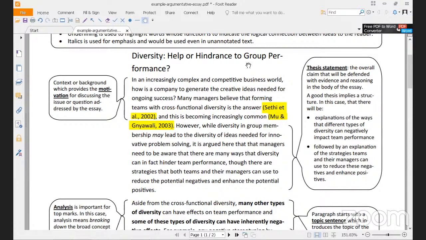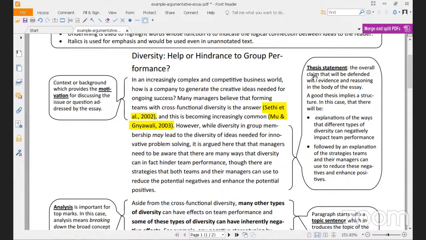Okay, good. So we started the essay with a question, which is very awesome because remember, in an argumentative essay, you have to choose a side, but also it's good to question your ideas. In the beginning, it's telling us that we start motivating the audience, okay? Context or background, which provides the motivation for discussing the issue or question addressed by the essay.